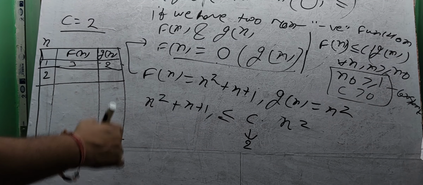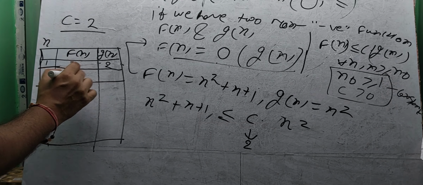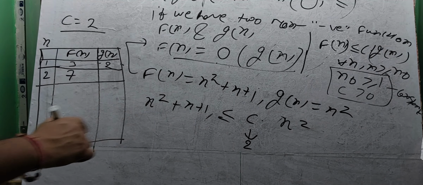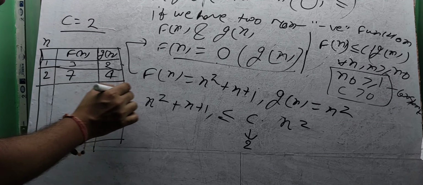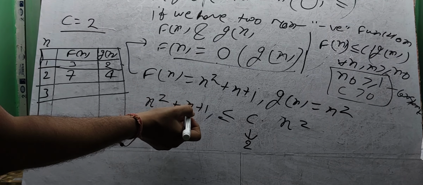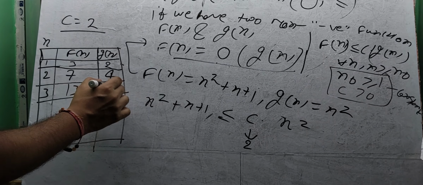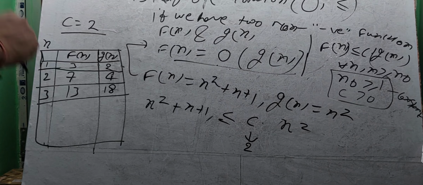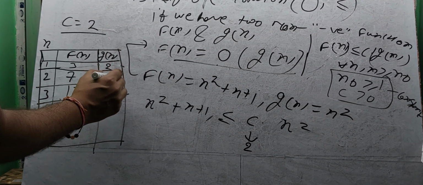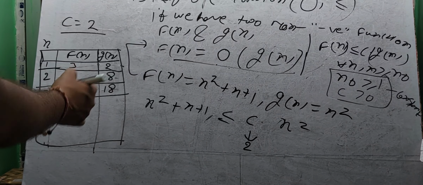Then take 2. If we take 2, then it is 4 plus 2 plus 1, that is 7, and here the value will be 8, because 2 square is 4, and 4 into 2 is 8. Then for 3, it gives 9 plus 3 plus 1, 13, and here 18.